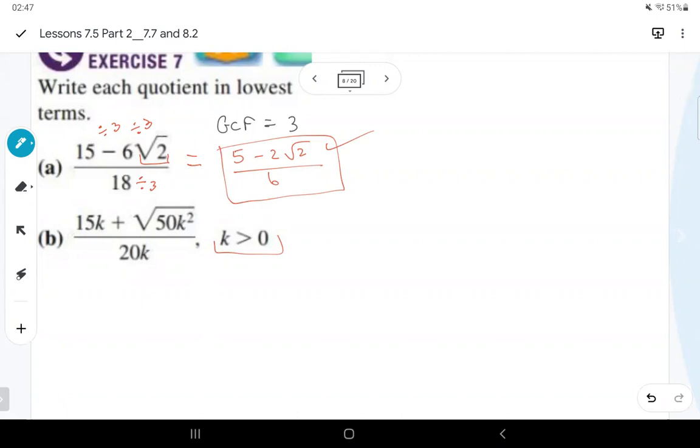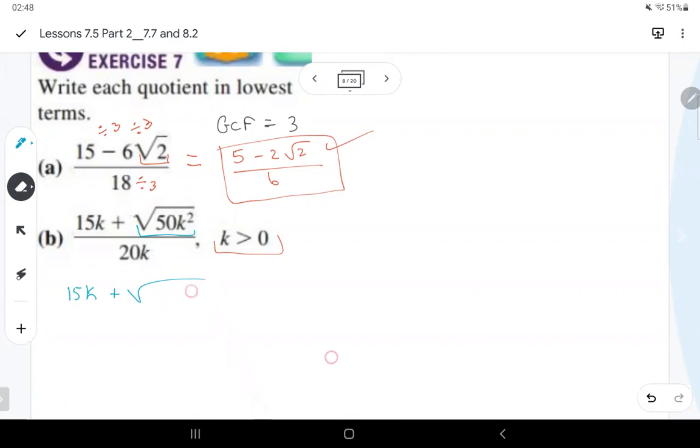First thing we're going to do is simplify this radical because it is not in simplest form. So we'd have 15k outside still plus the square root of 25 times 5 times k squared. We're going to pull out a 5 and a k.